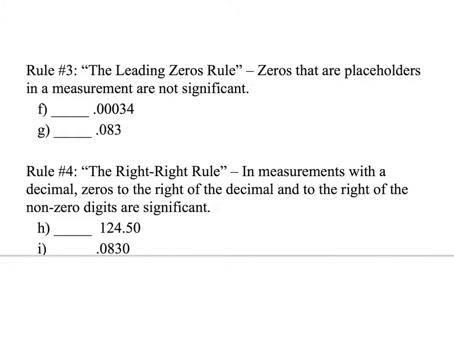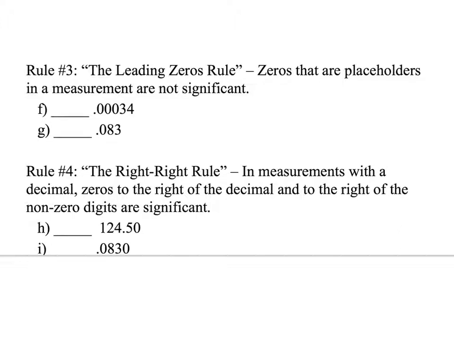Rules 3 and 4 are the trickier ones. These deal with zeros that are not significant or not always significant. So for F, the leading zero rule applies. Any zero that leads a number, so when you have a number that is less than 1, the zeros in front of the number are not significant.